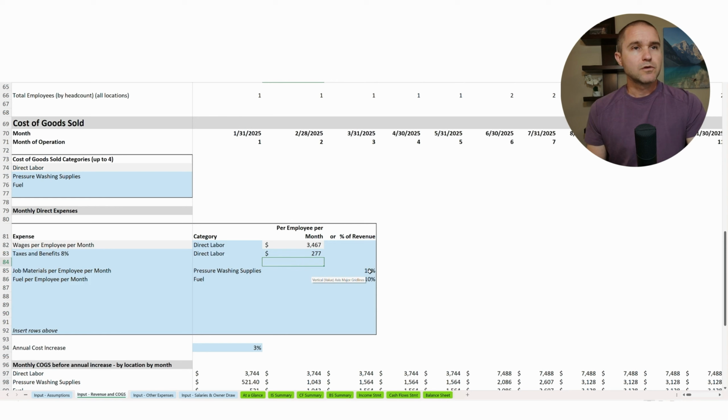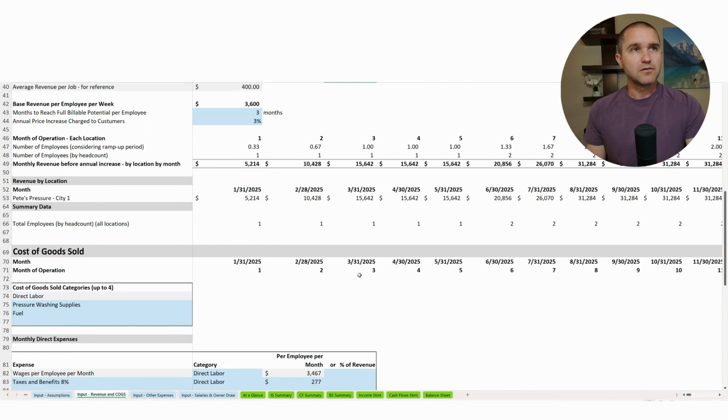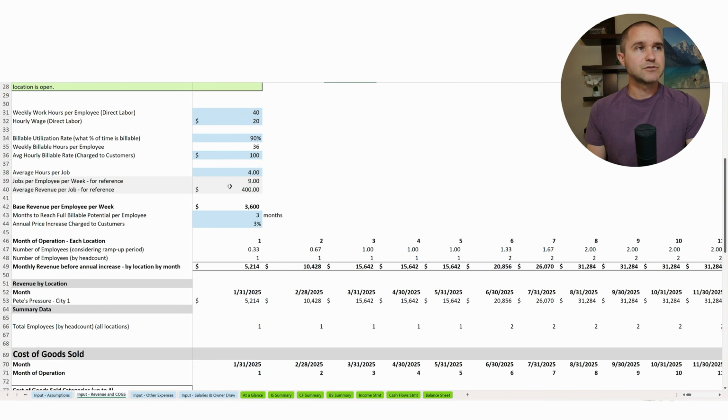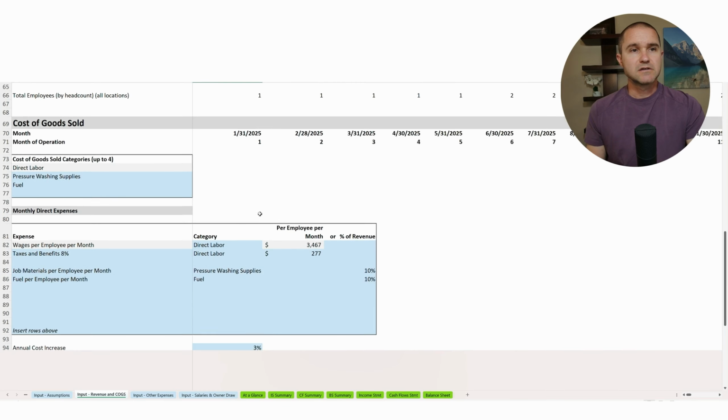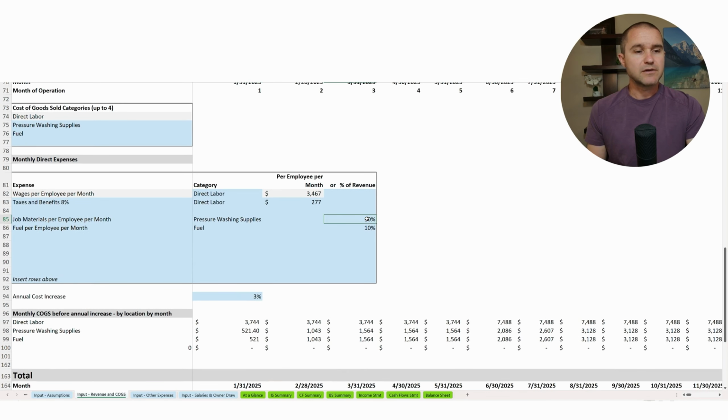And then for your job materials and your fuel, what we assume here is, if we come back up here and we think about the average revenue per job is going to be $400. And so if we put 10% of revenue, that means that for the average job, we're going to spend $40 worth of material, or like cleaning chemicals, on the job.